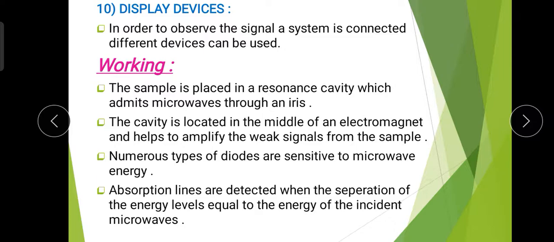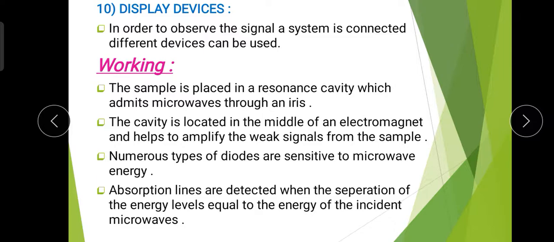We know that the cavity is placed at the center of the electromagnet, and due to the electromagnet there is a magnetic field, and this magnetic field interacts with the sample and we get the different signals, and these signals are amplified with the help of different devices. Numerous types of diodes are sensitive to microwave energy. That means there are different detectors and different types of diodes, and a particular component is used to sense the microwave energy, so that according to that they record the ESR spectra.